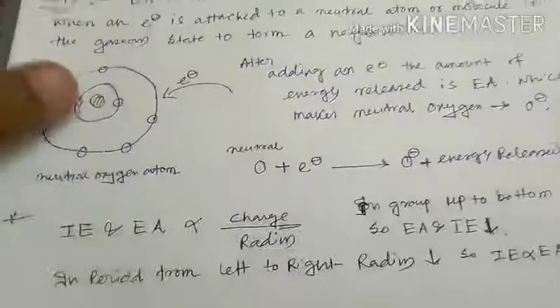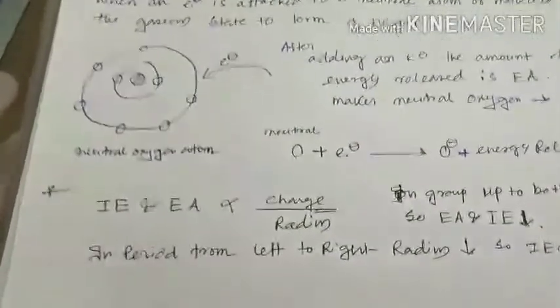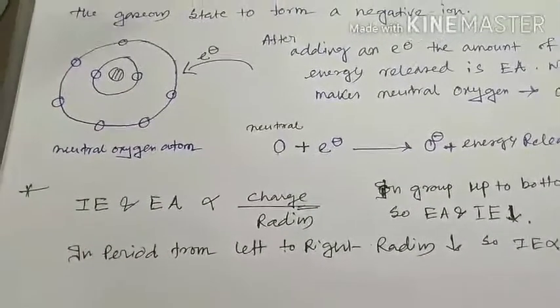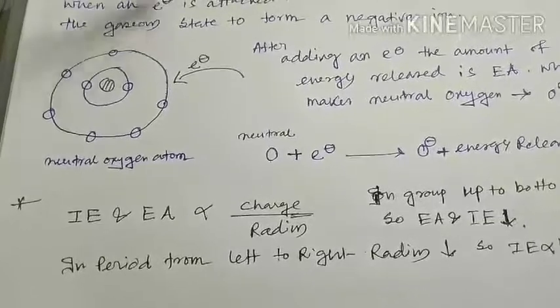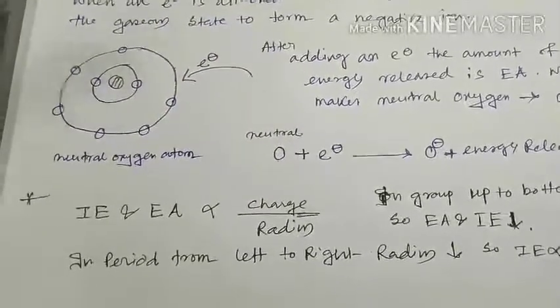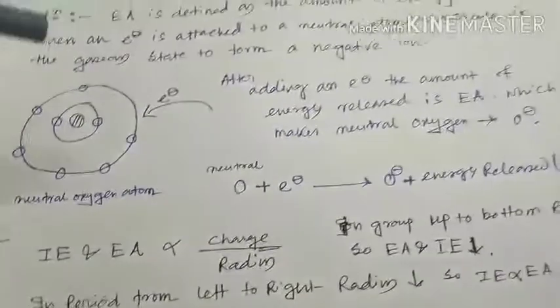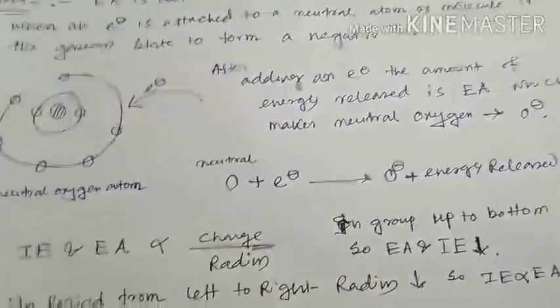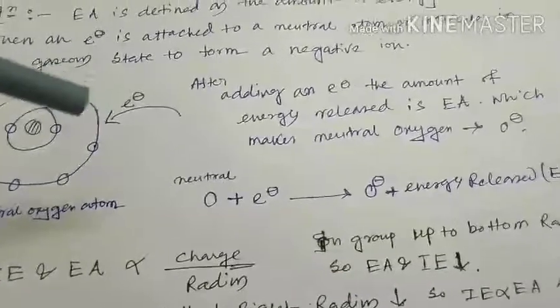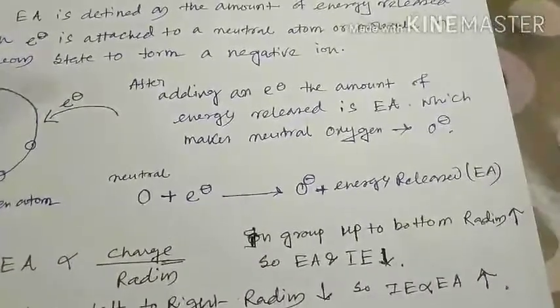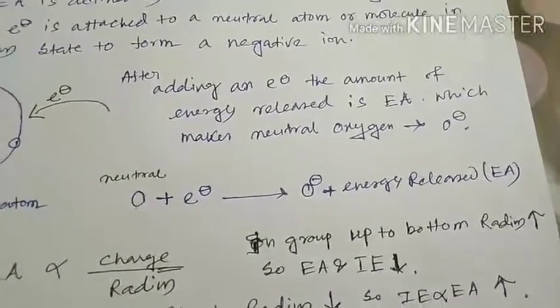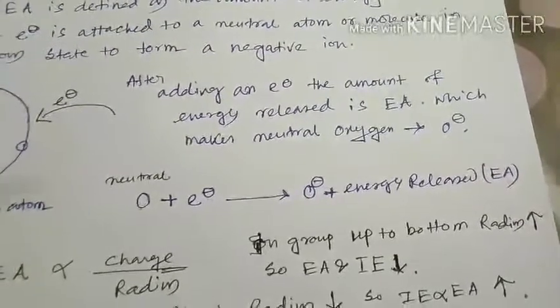Okay, so in the case of ionization energy or electron affinity, both are proportional to charge by radius. In a group, if we go from top to bottom, the radius or size increases.